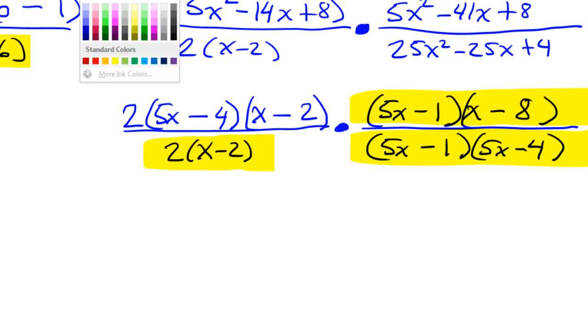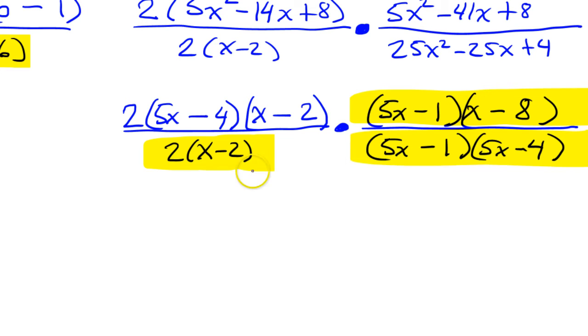Okay, so I'm going to look at each one, and I'm going to imagine setting them equal to 0 and solving. If I set x minus 2 equal to 0, I would find that x cannot equal 2. If I set 5x minus 1 equal to 0, I would find that x cannot equal 1/5.